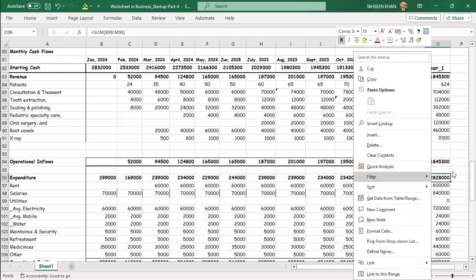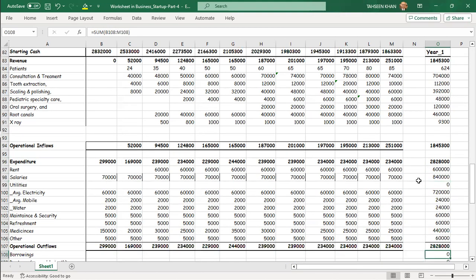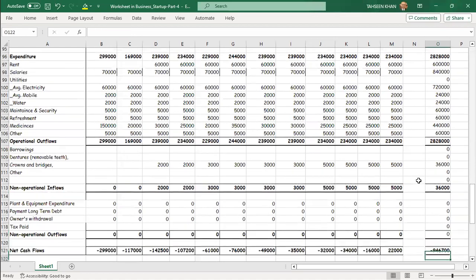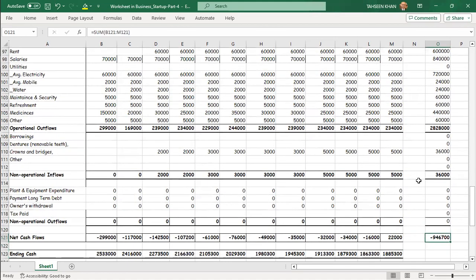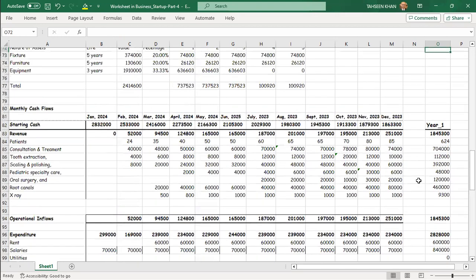Total expenditure for the first year comes to 2,828,000. So for the first year, we have a deficit equal to 946,700. These are the calculations for the first year.